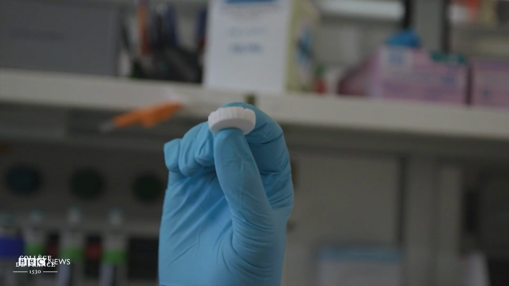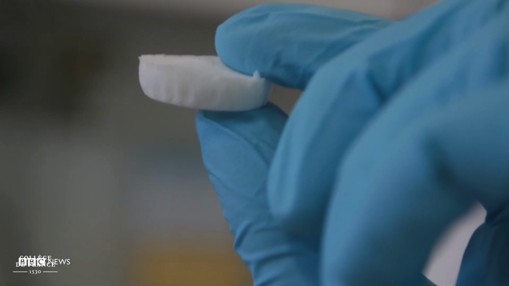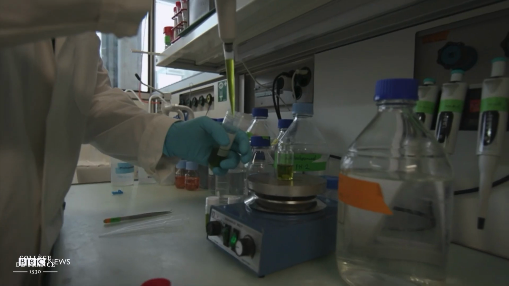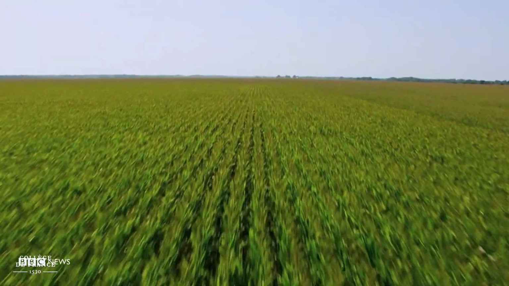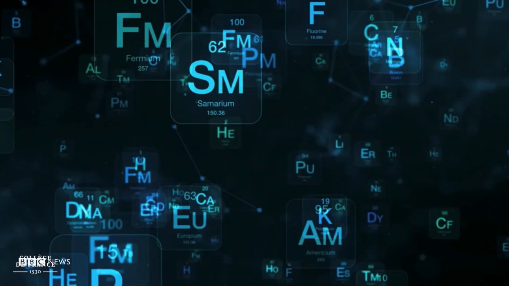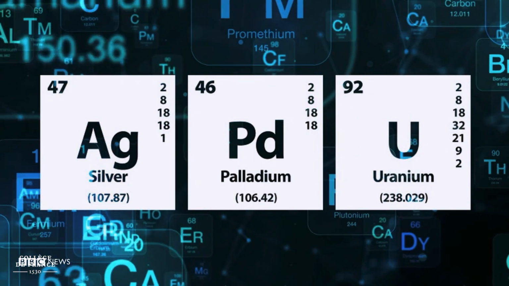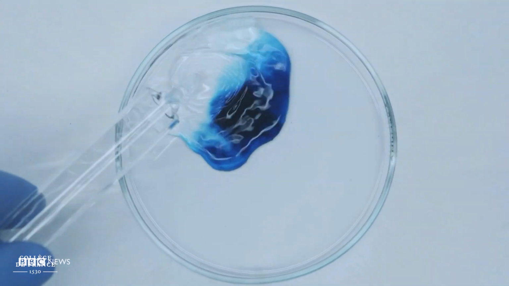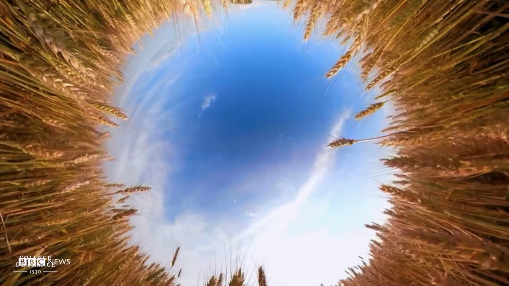Now, this type of sponge from cheese making only works with gold, but Raffaele is hoping to discover other byproducts from other industries which would remove other materials. It may be that waste products from the oil or soy industries might bind strongly to silver or palladium or even radioactive uranium and organic materials like hormones. It would all come down to finding the right proteins in the right materials and whether nature can give us all a helping hand.